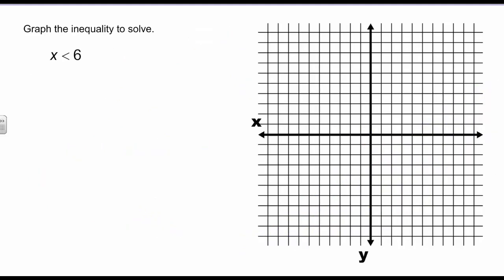Couple of special cases now. You'll notice that I'm asked to graph this in an XY coordinate grid, but there is no Y here. So we have to remember, well, how did we take and graph x is equal to 6? Well, x equals 6 is just a point right here. And this says to graph all the values that are less than 6.